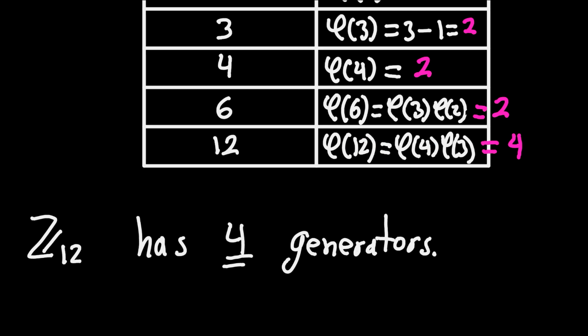So it's phi of 4 times phi of 3. Now phi of 4 is 2. The phi of 3 is also 2, so it's going to be 2 times 2. That's why we get a 4. So then in that case, we can count the number of generators there without having to go through the list of the generators. We know how many they are. So this one has 4 generators. So that's kind of like a nice corollary of that theorem.